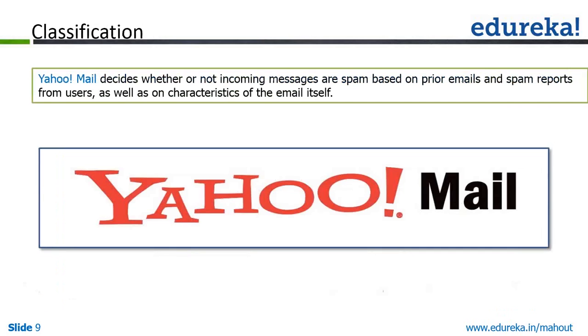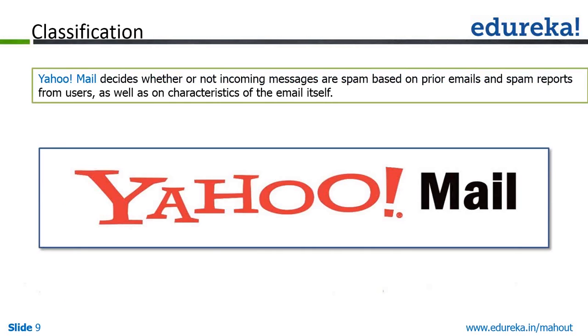The main, classic example of classification is spam detection. Yahoo started to set up Hadoop for this spam detection because the data is huge.